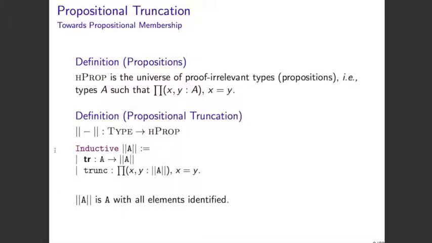There is a propositional truncation construction which, given a type, constructs a proposition. The truth value of this proposition signifies the inhabitedness of the original type. So intuitively, you can say that the type truncation of A is the same thing as the type A with all the elements identified.